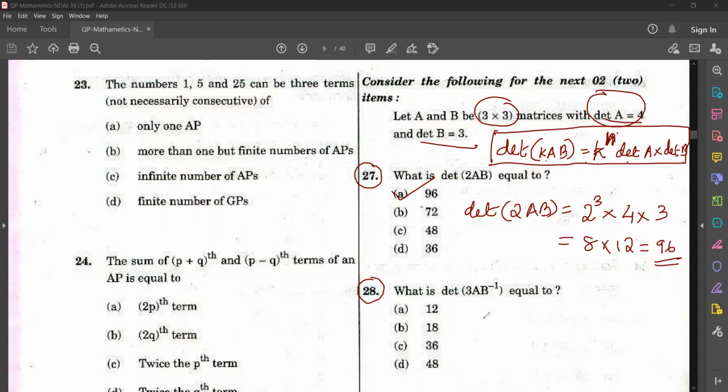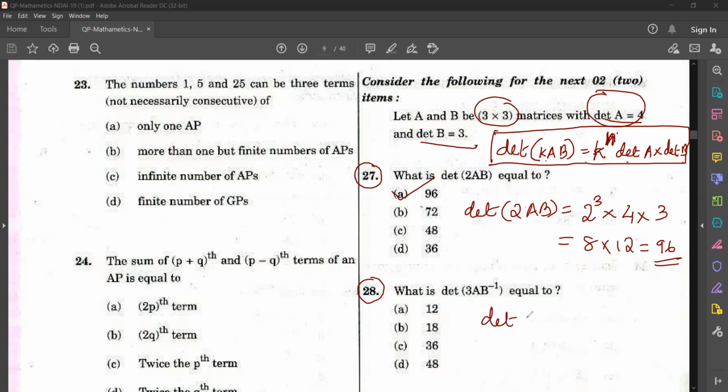The same formula you can apply here. Okay.